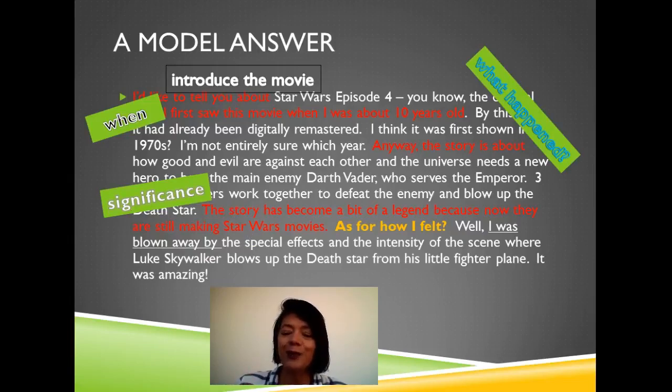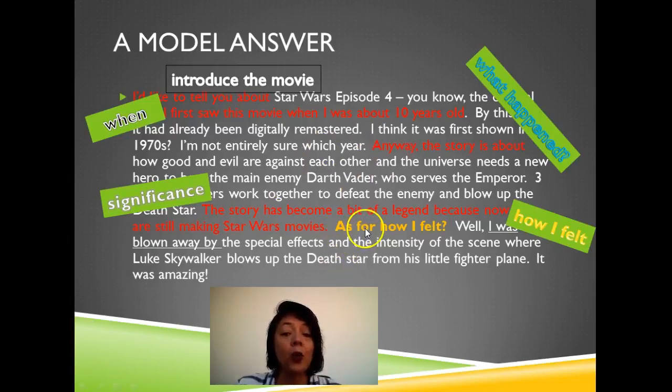And the last one, how you felt. And the student says, as for how I felt. So the examiner would be very happy with this model because the student has some excellent vocabulary, a mix of verb tenses, and covers everything on the card.